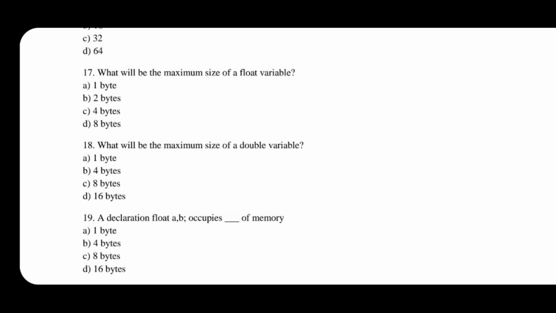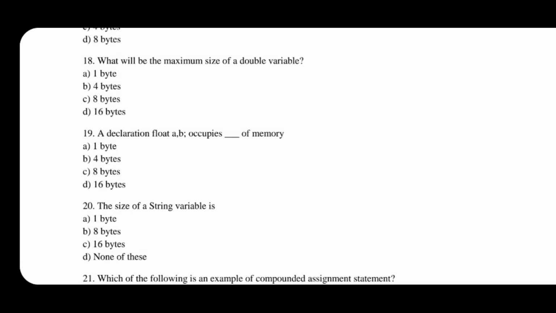That is 4 bytes for float and 8 bytes for double. Next, what will be the maximum size of a double variable? So that is 8 bytes.